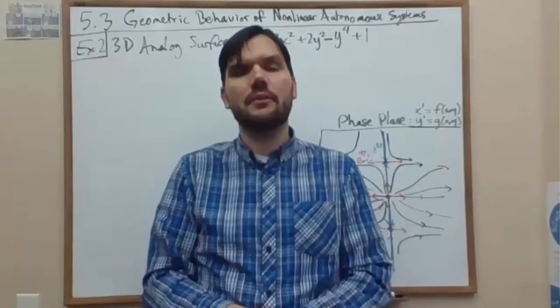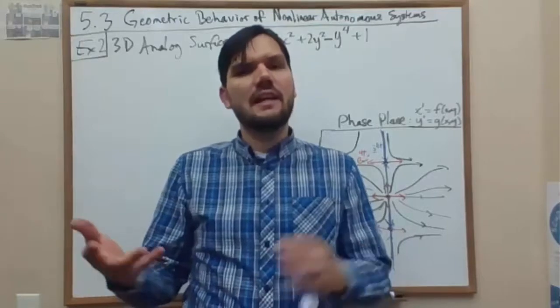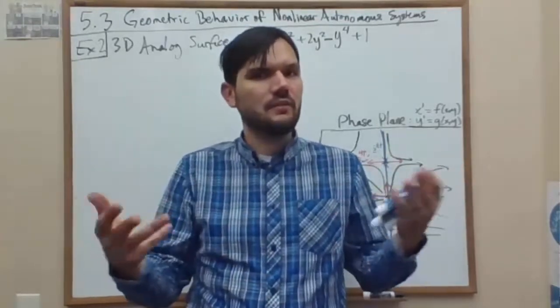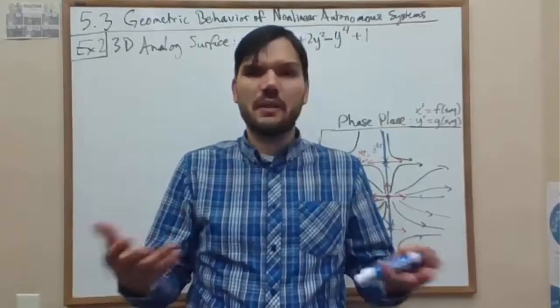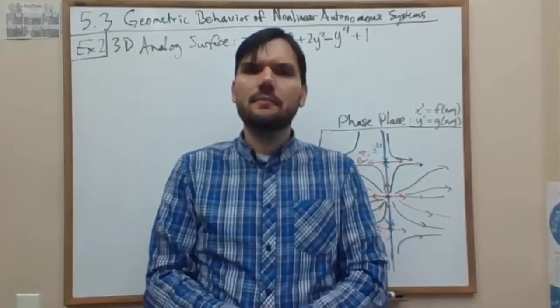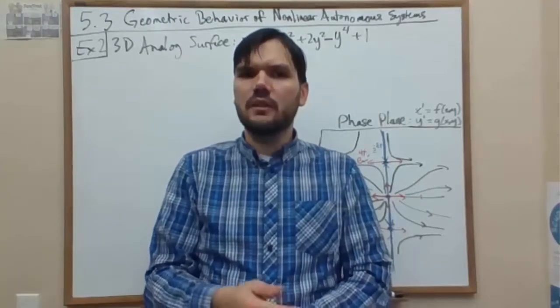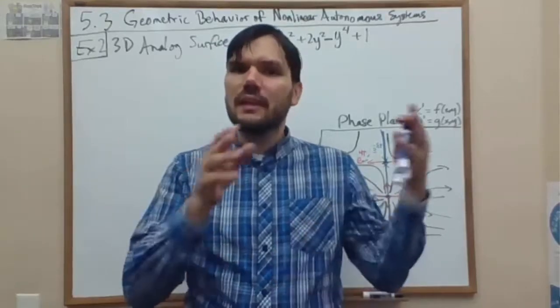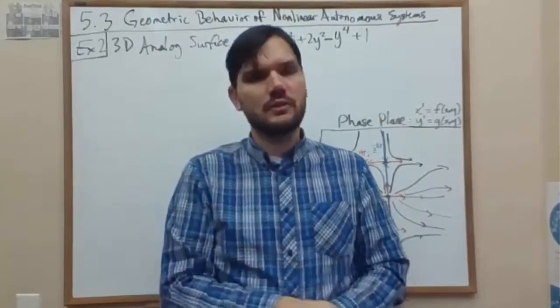Not every differential equation system has a 3D surface that connects to it. This is a special condition. But let's look at an example that connects those two to see how we can relate some of the ideas from calculus to differential equations.